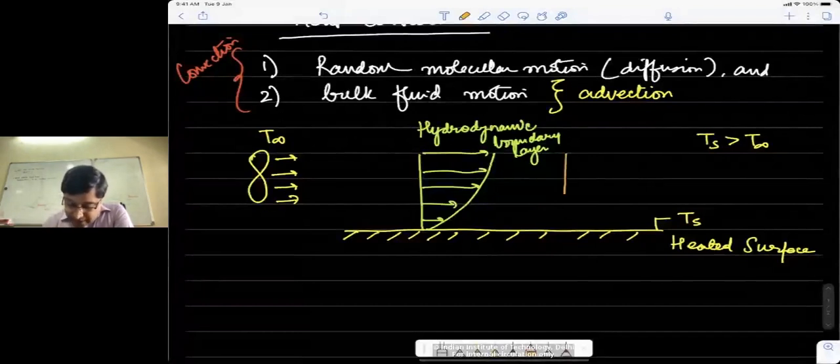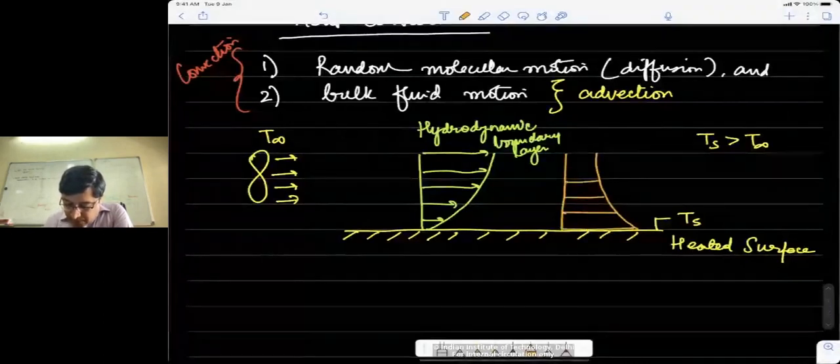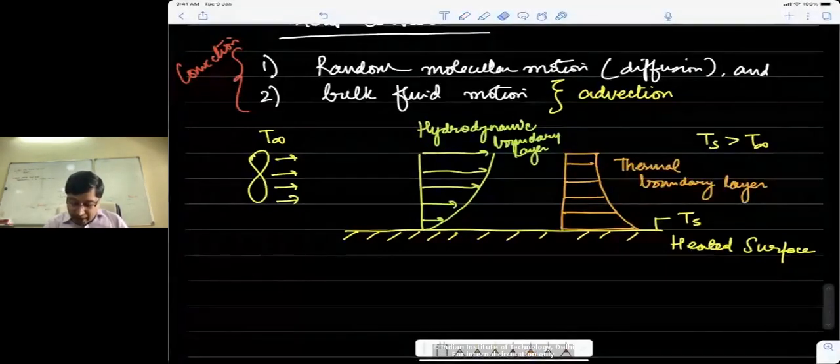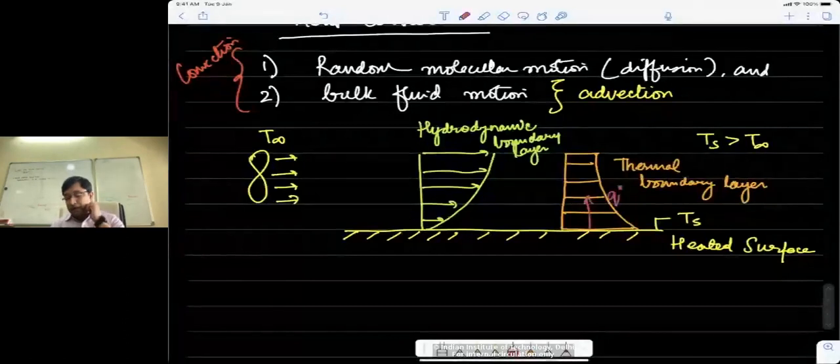So what you will see in this case would be the formation of a thermal boundary layer. And heat transfer now will happen through this boundary layer, and this is what I'm going to try and quantify in convection.